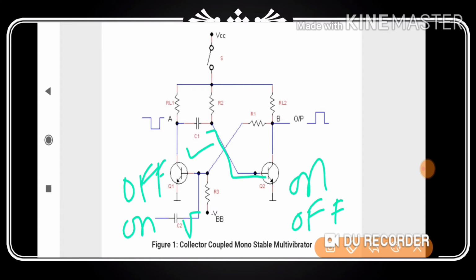Capacitor C1 starts discharging. During this state, Q1 remains on and Q2 remains off. Transistor Q2 remains off until the capacitor discharges completely.